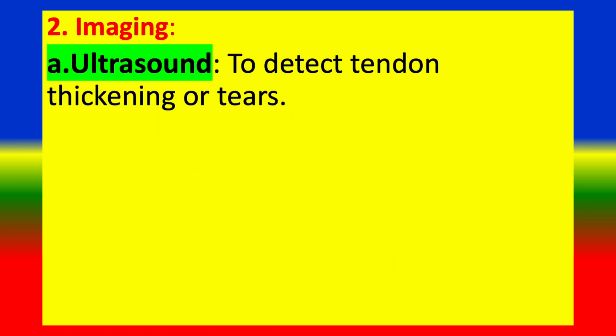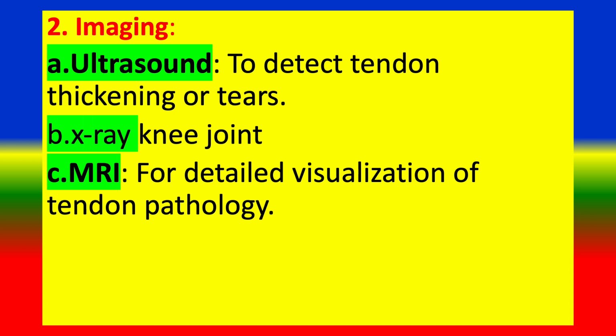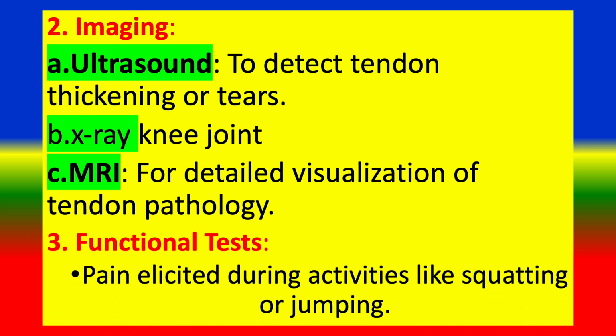A. Ultrasound to detect tendon thickening or tears. B. X-ray of the knee joint. C. MRI for detailed visualization of tendon pathology. 3. Functional tests. Pain elicited during activities like squatting or jumping.